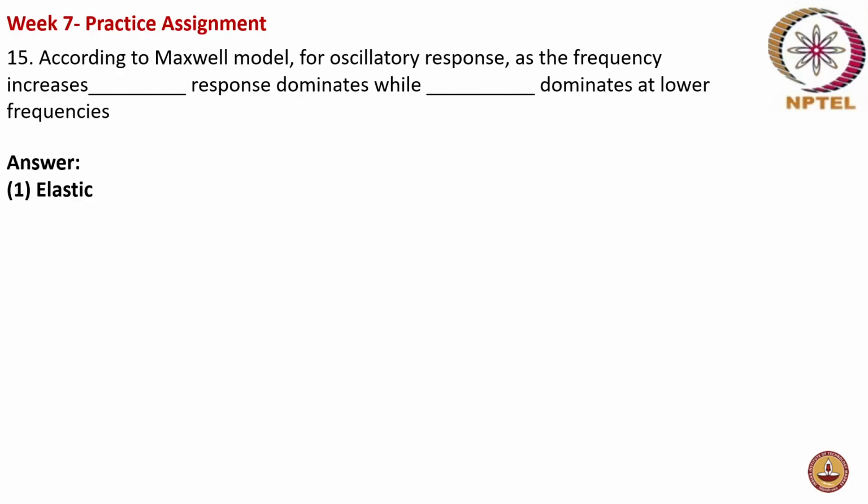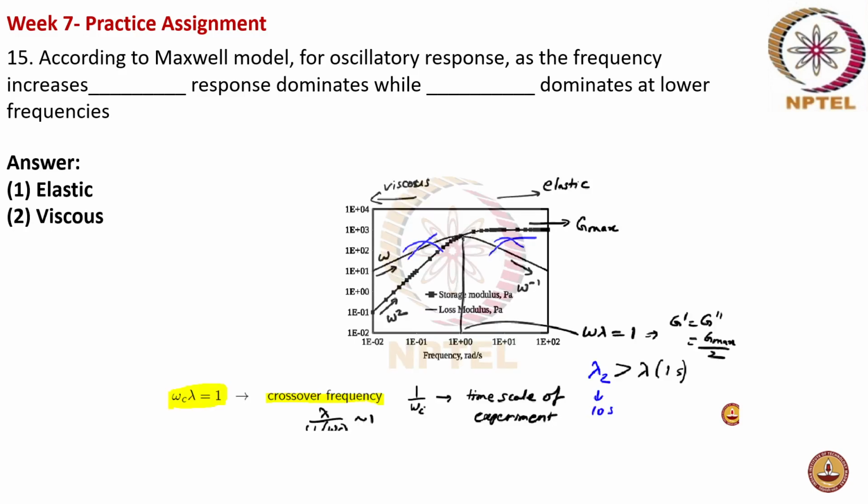So the answer is, as the frequency increases, you can find the elastic response dominating, while the viscous response dominates at low frequencies. Because at low frequencies there's enough time for the material to relax. So the material starts relaxing more and more, and the viscous behavior dominates.